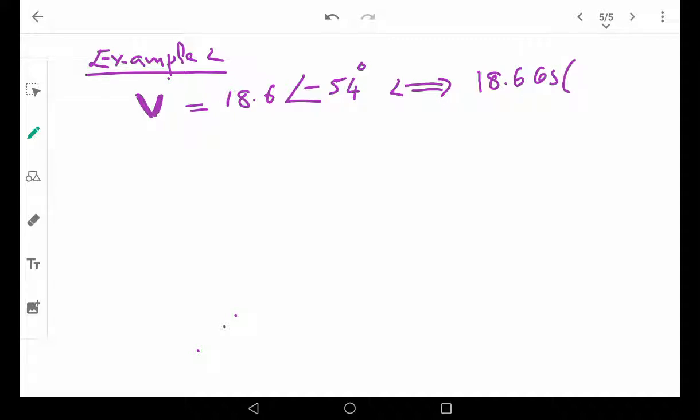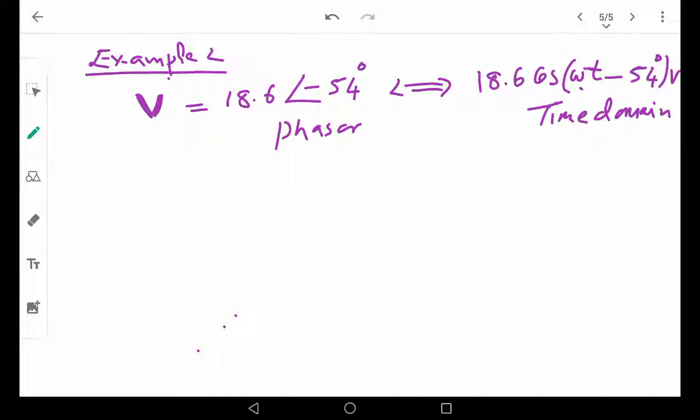You don't know the frequency because a phasor cannot give you any information regarding the frequency, right? You can write only cos(omega t minus 54 degrees) volt. This is the phasor, and this is the time domain signal. One thing to note here: this omega value cannot be known from the phasor. Understand?